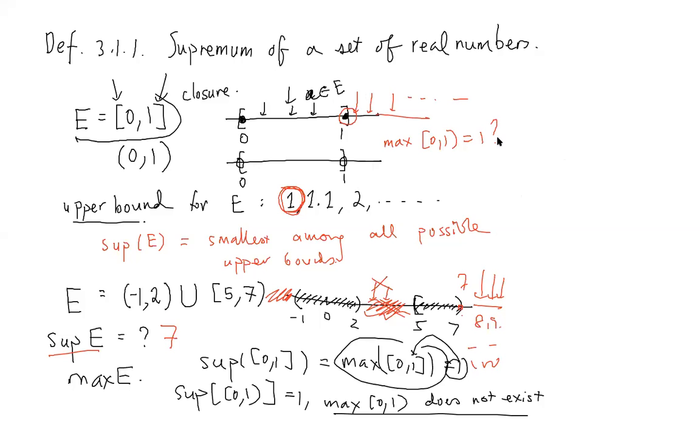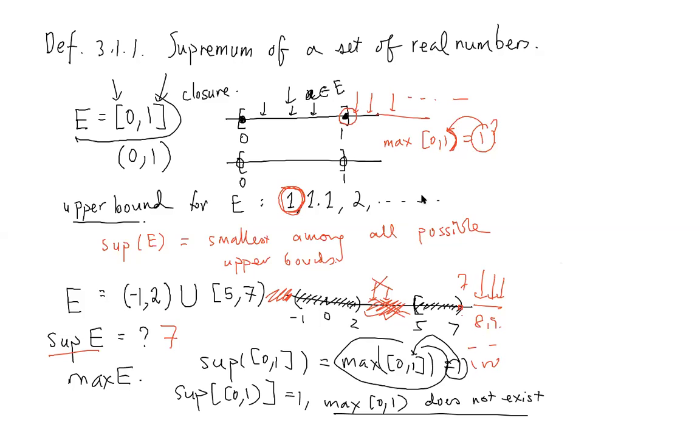We can't say that, because 1 is not inside this set. This is open, so 1 is actually not inside. In mathematics, when we say things, we are very precise. It's not fuzzy.